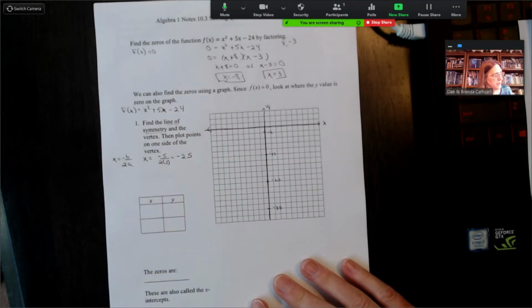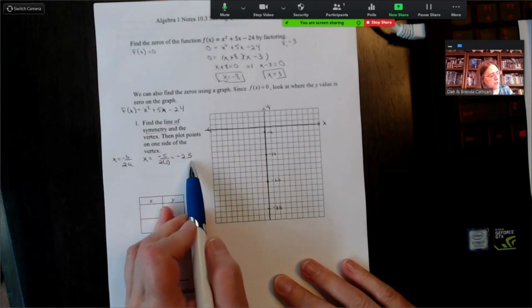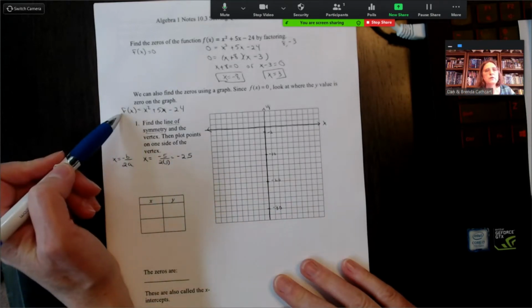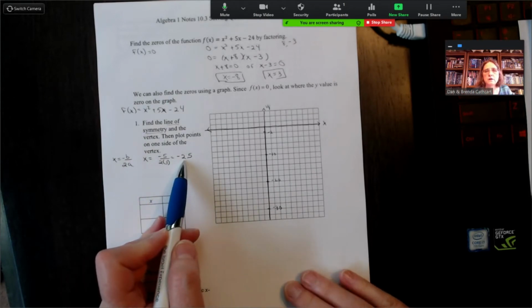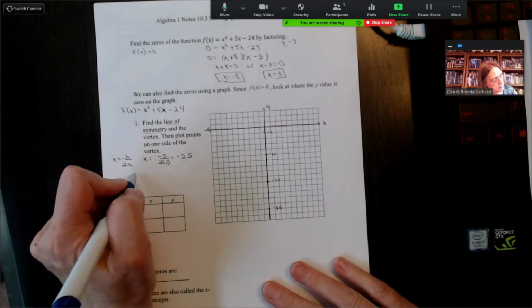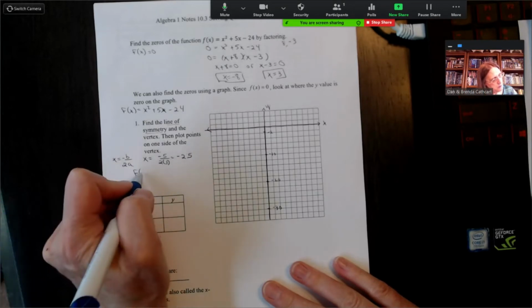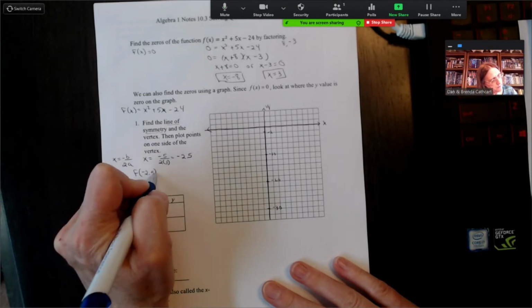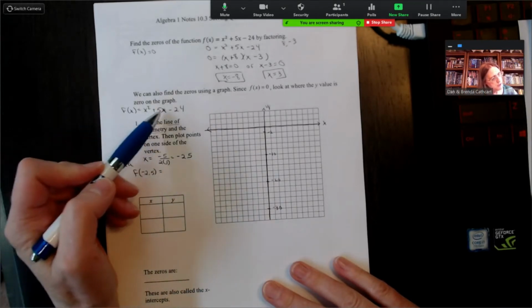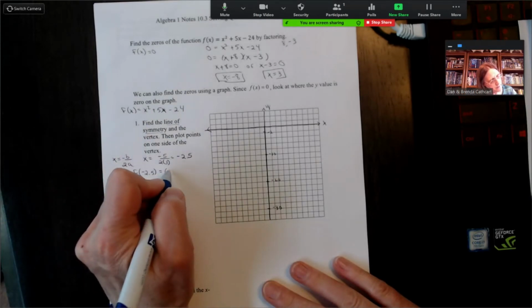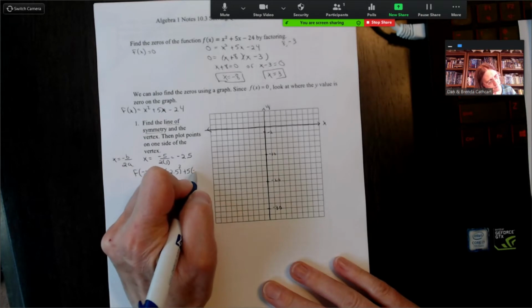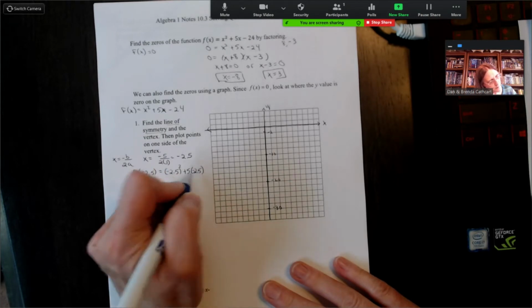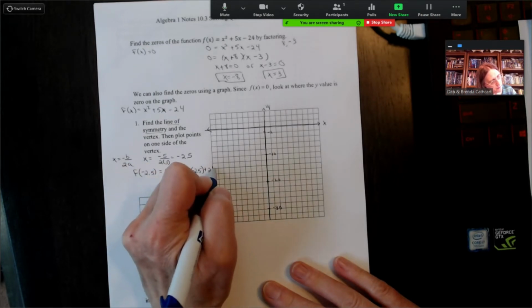To find our vertex, we now need to put this value for x into our function f. Remember, the vertex is always on the line of symmetry. So we're going to find the function value when x is negative 2.5. Substituting negative 2.5 into x, and then plus 24.